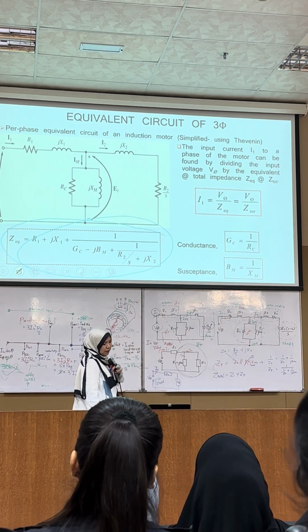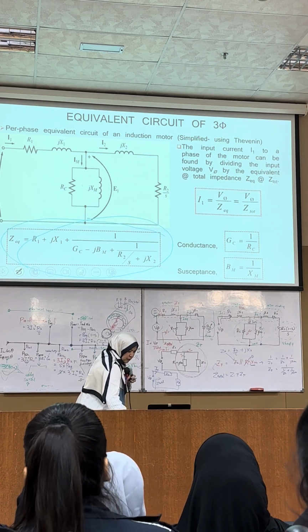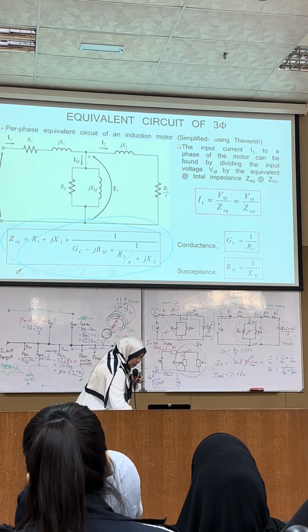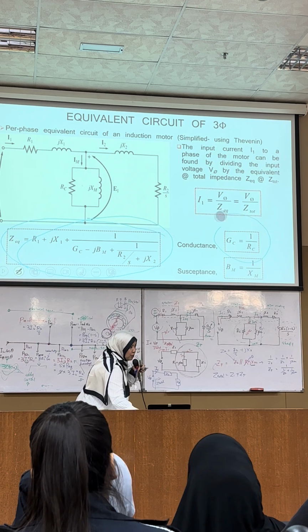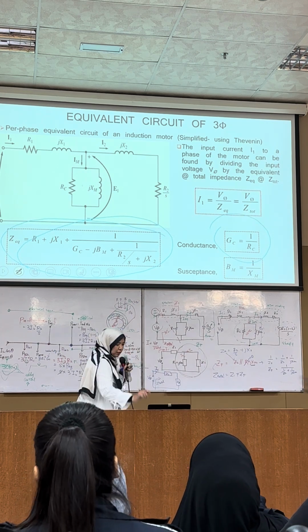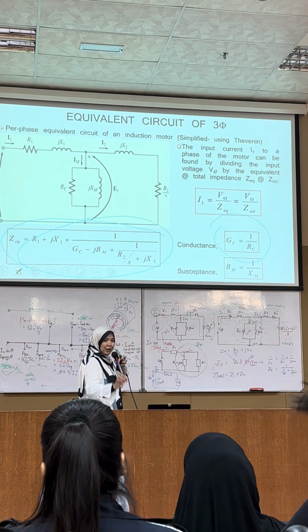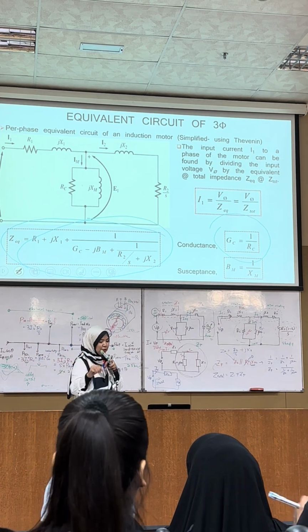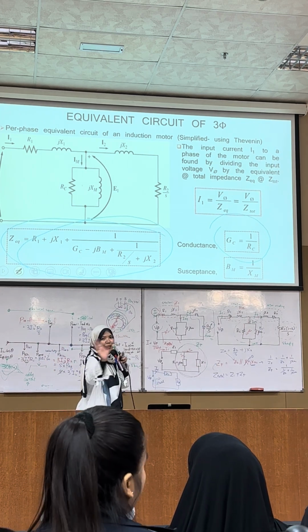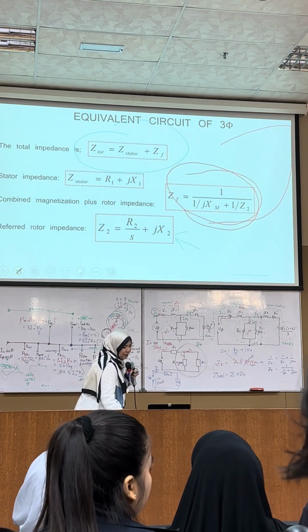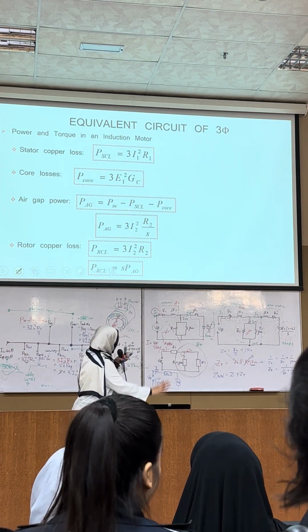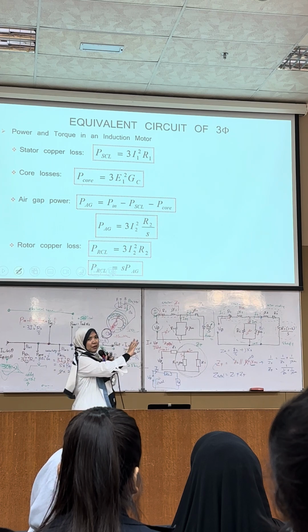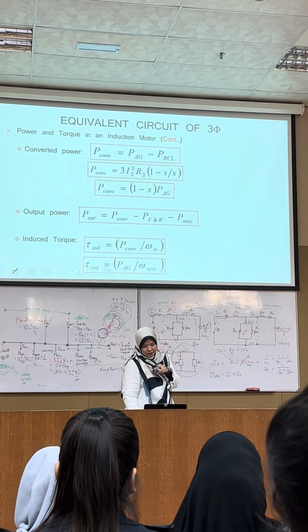But this G is being ignored because the value is very small. So tak payah input lah. If the value is given inside the question, you can put it. Tapi terus terang cakap kita tak letak lah. Now you have all the information on calculating the power loss.